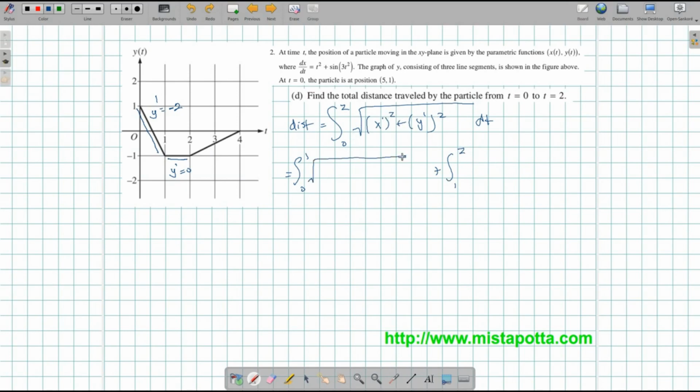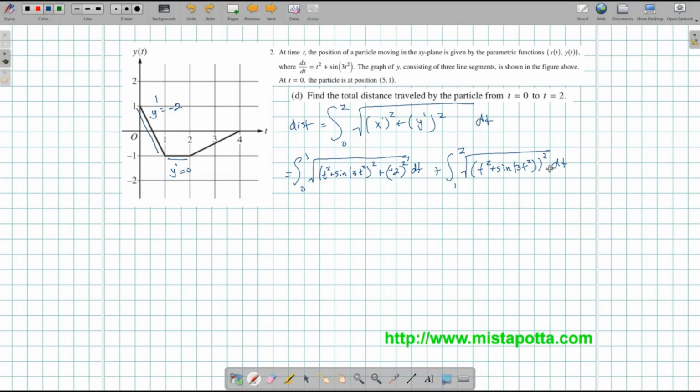So I'm going to have the square root of t squared plus the sine of 3t squared, squared, plus -2 squared dt, plus the integral from 1 to 2 of the square root of t squared plus the sine of 3t squared, squared dt.